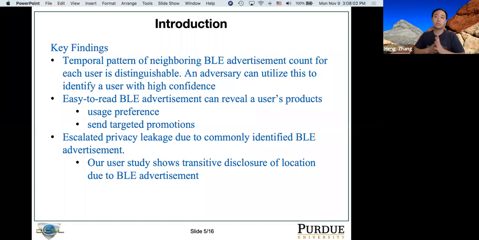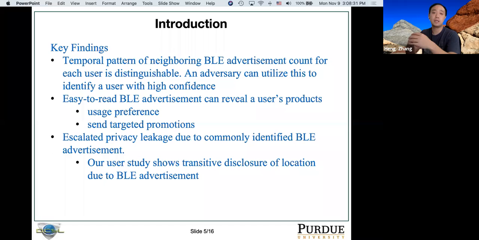Before I go to the methodology, I will just throw out some of the key findings we found in this paper. The first one is that the temporal pattern of the neighboring BLE count for each user is in fact distinguishable, and we will show a plot of that. Given this, an adversary can actually utilize this temporal pattern of the BLE count to identify a user with a pretty high degree of confidence.